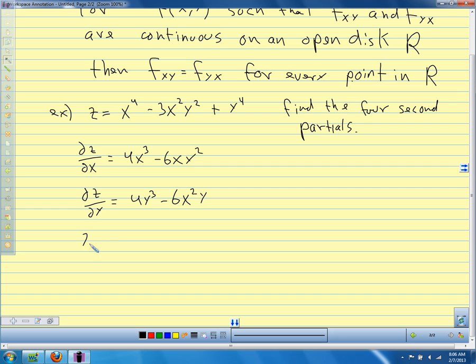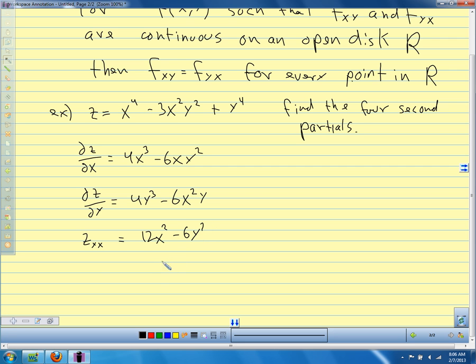So let's look at the second partial of z with respect to x. What does that come out to be? 12x squared minus 6y squared.